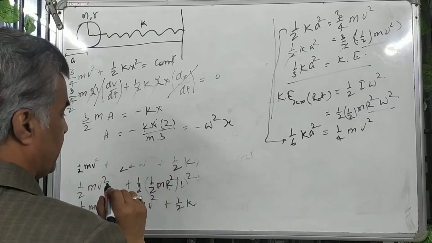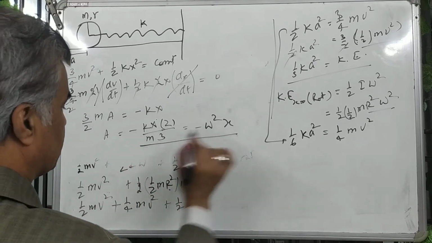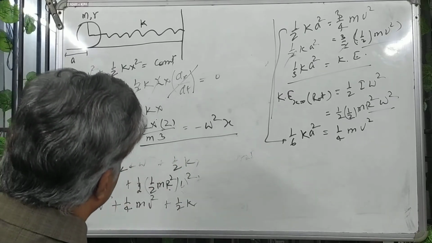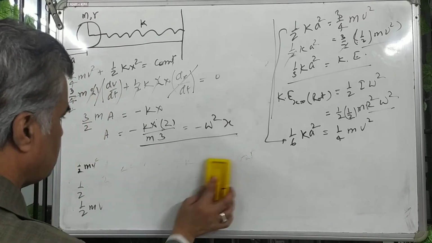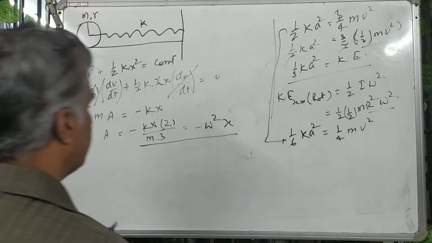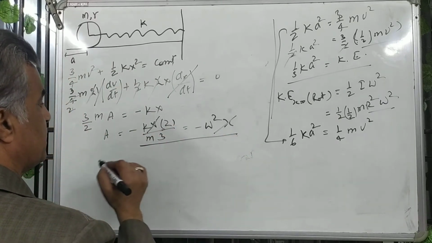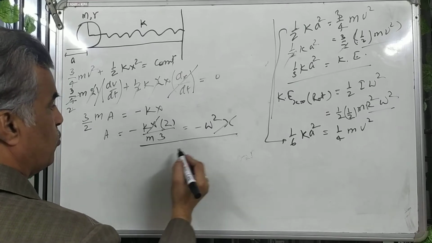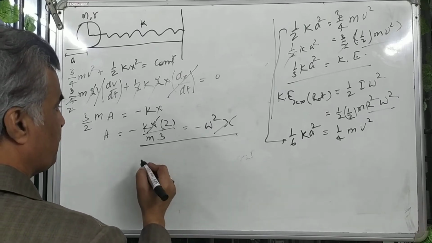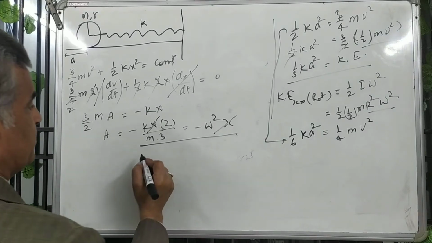So we have to find the time period. We'll associate this one. In this case, x and this x is cancelled, and omega square, omega is root k by m, so omega square will be k by m.